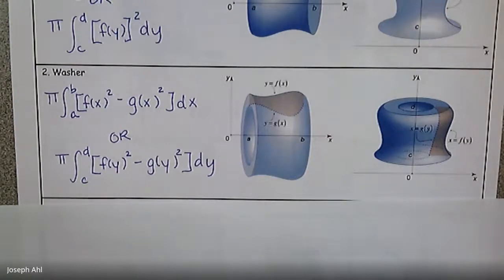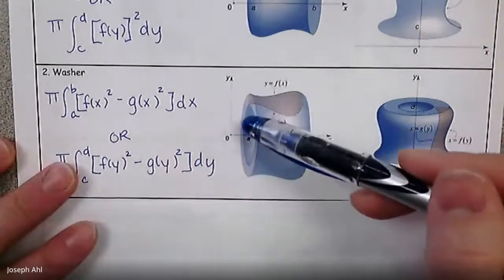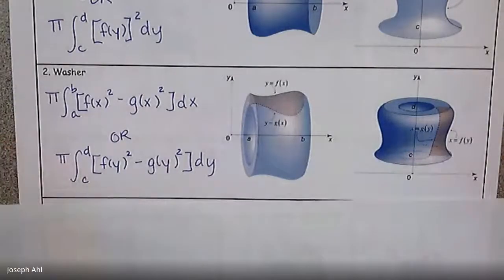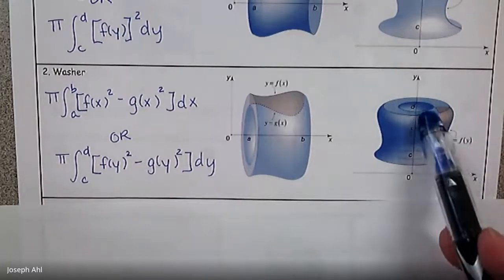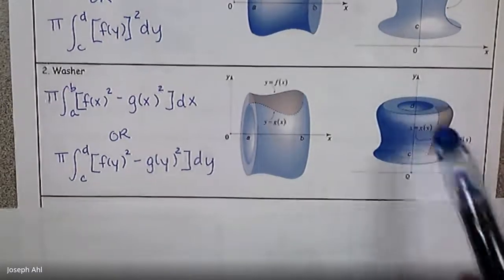So in this case, if I take the radius up to the function f of x, and subtract out the radius to the function g of x, thinking about the area that's left over, we get pi times the integral from a to b of the upper function f of x squared minus g of x squared with respect to x. Similarly, we can do the same thing with respect to y if we're spinning it around the y-axis.